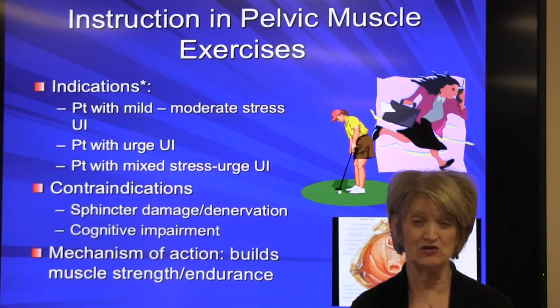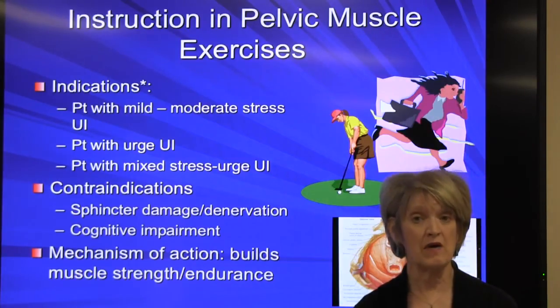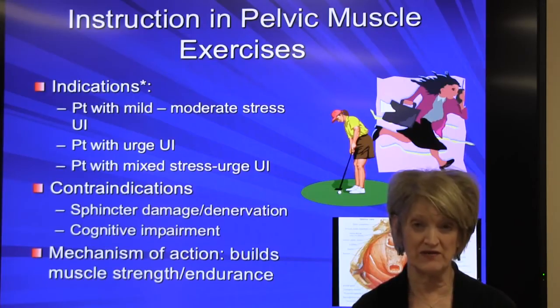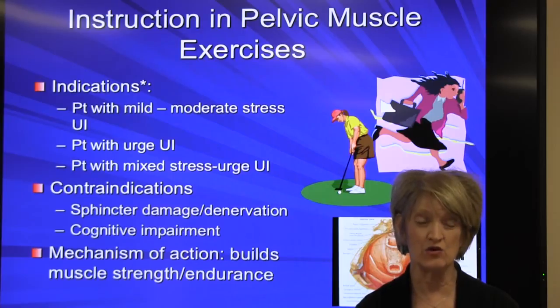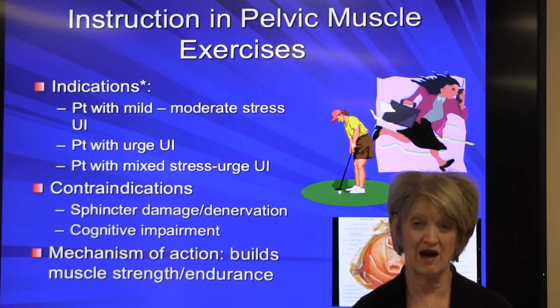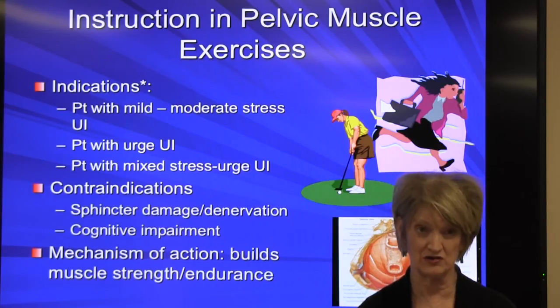But if you contract the pelvic floor, the message will go to the bladder that says relax. So bottom line, pelvic muscle exercises extremely beneficial for patients with stress incontinence, equally beneficial for patients with urge incontinence, and obviously then beneficial for patients with a mixture of stress and urge.